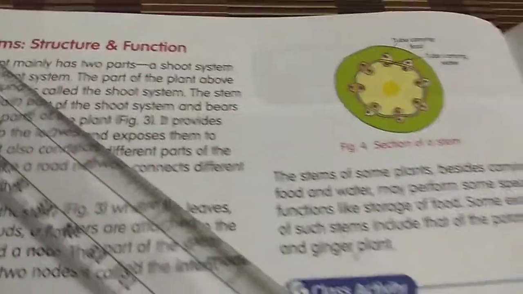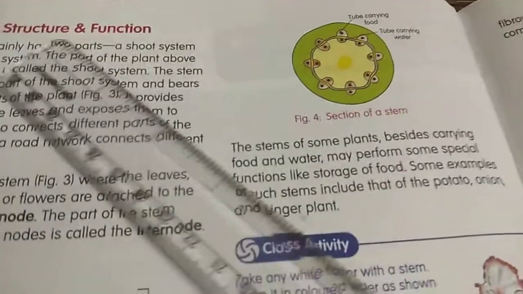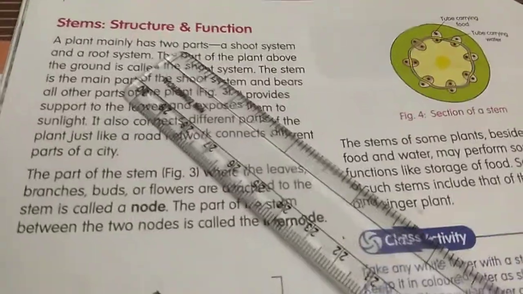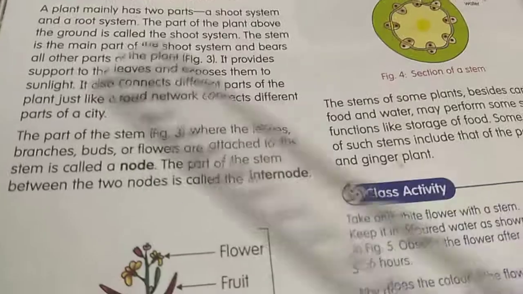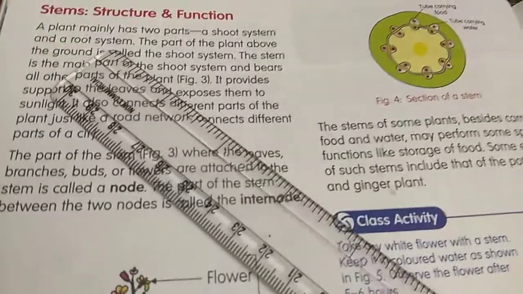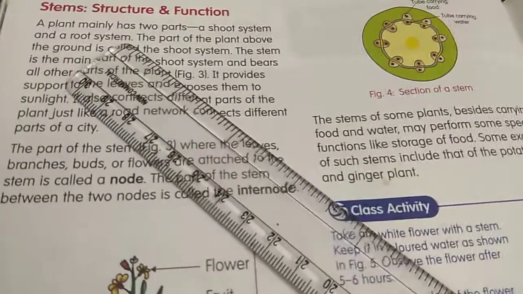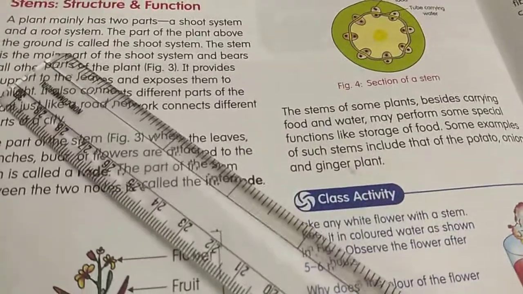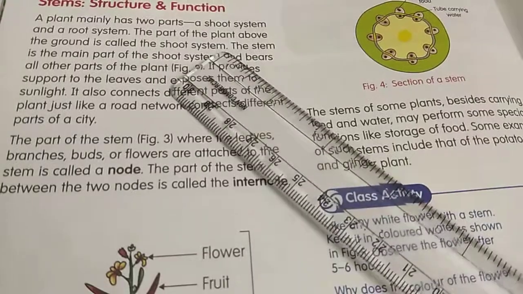I'll read. Stems, structure and function. A plant mainly has two parts, a shoot system and a root system. Now what is shoot? What is root? The part of the plant above the ground is called the shoot system.